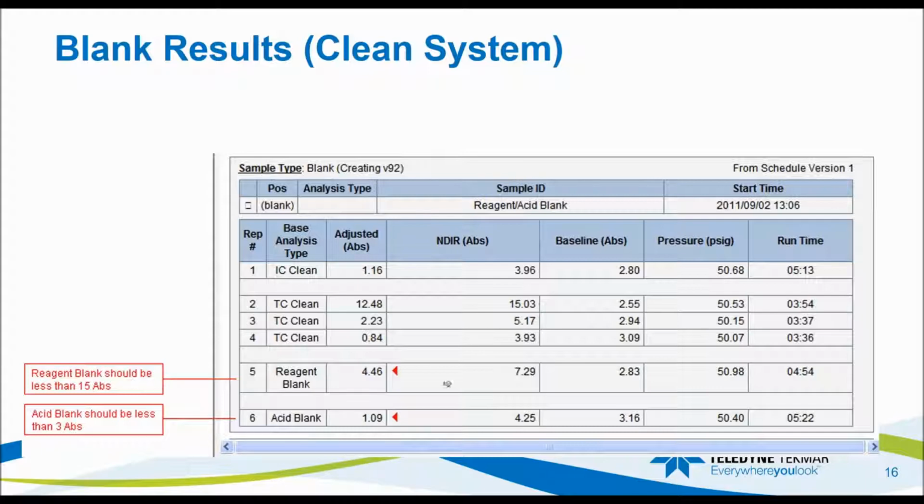If the reagent blank is above 15, that's a sign that your sodium persulfate solution is contaminated. I have to say that I definitely had a few lots of sodium persulfate come in that were high in carbon, so just keep an eye on that. That seems to be the most notorious place to get contamination.